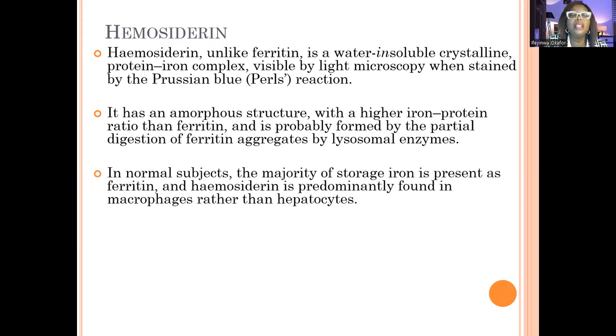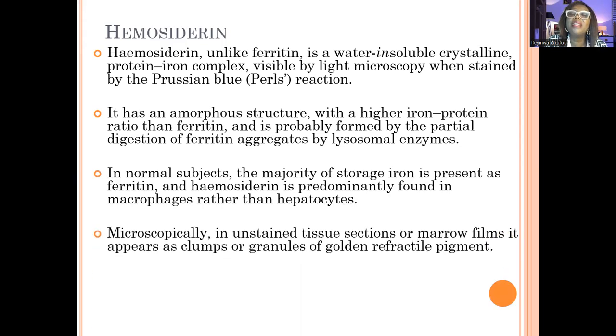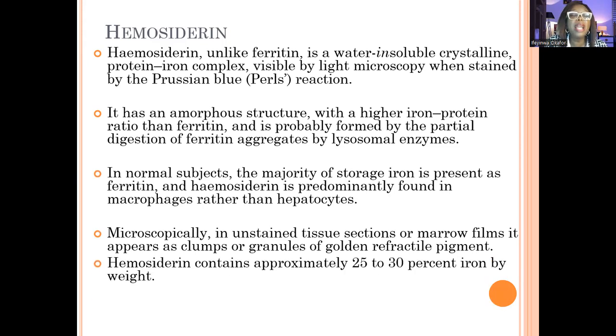In normal subjects, the majority of storage iron is present as ferritin, and hemosiderin is predominantly found in macrophages rather than the hepatocytes. Microscopically, in unstained tissue sections or marrow films, it appears as clumps of granules of golden refractile pigment if you look at it under the microscope.